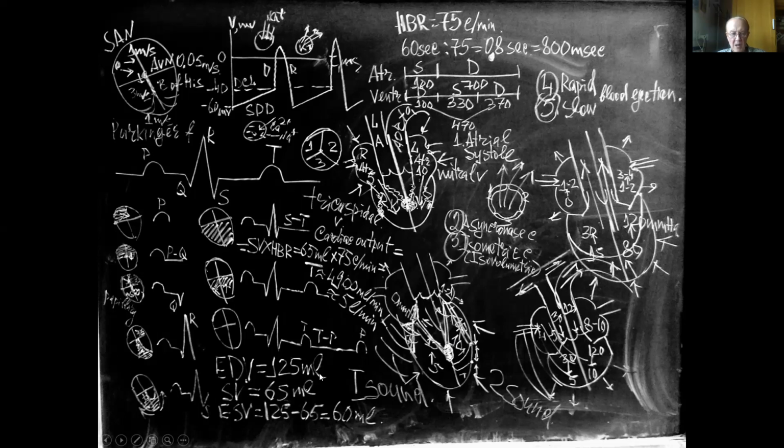This is the normal value for a person weighing 70 kilograms with a normal heart. It doesn't need to be multiplied by 2 or divided by 2. Here in the right ventricle, 125, and in the left ventricle, the same, 125.